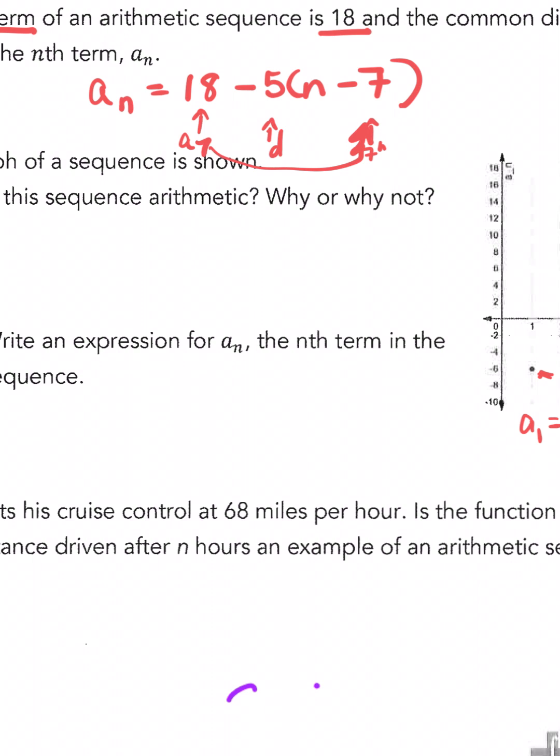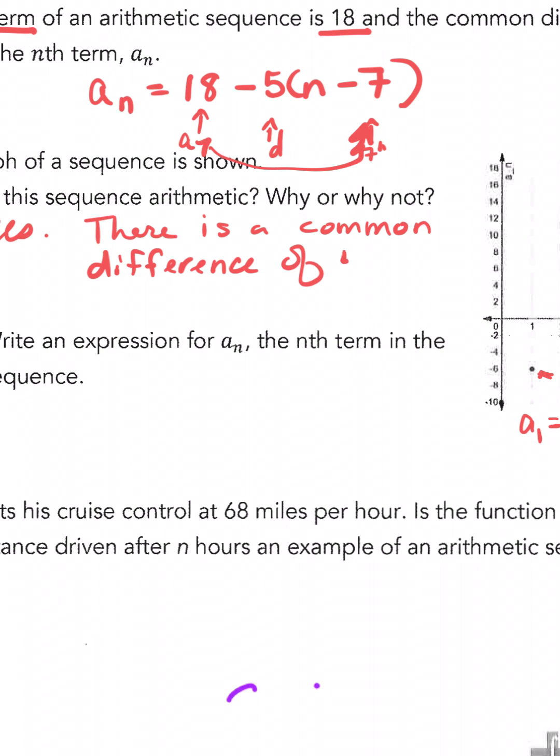So what am I doing each time? Oh, so I'm adding 4. I'm adding 4. Does that hold for all of them? Am I going up by 4 each time? Does that tell you whether or not it's arithmetic? Yes, it does. So is this guy arithmetic? There is a common difference of 4. Boom.